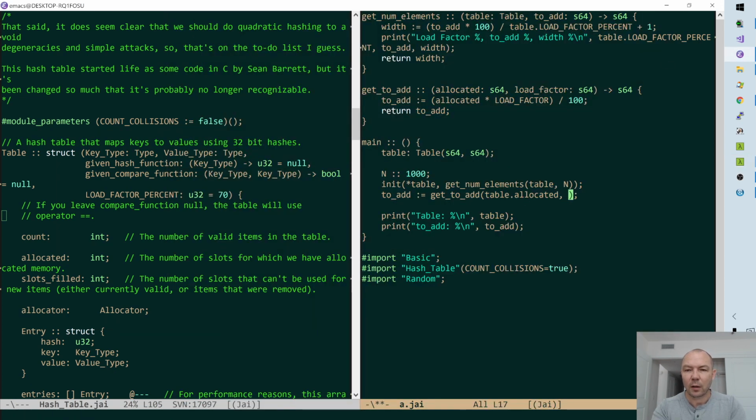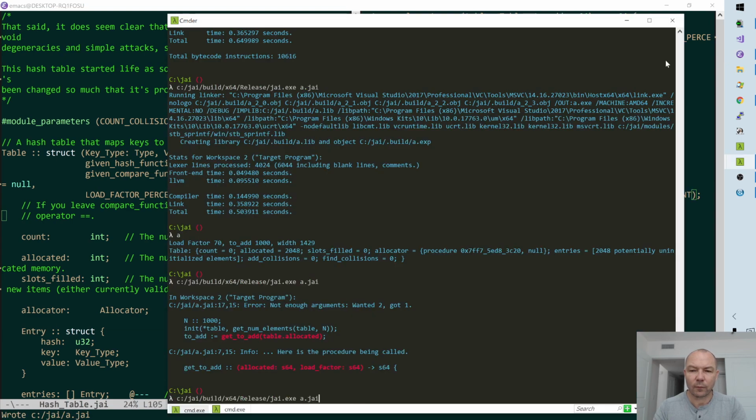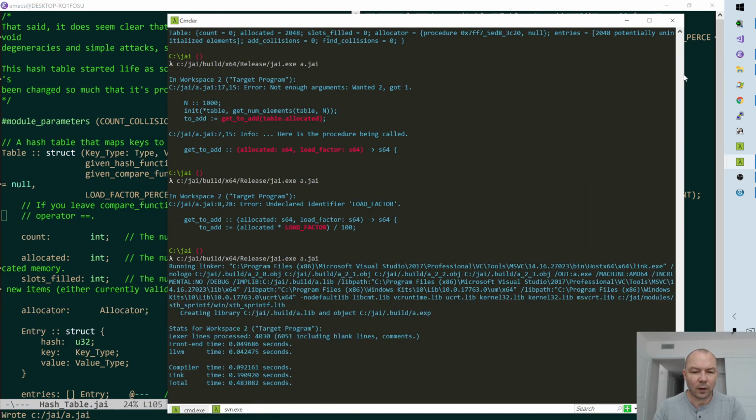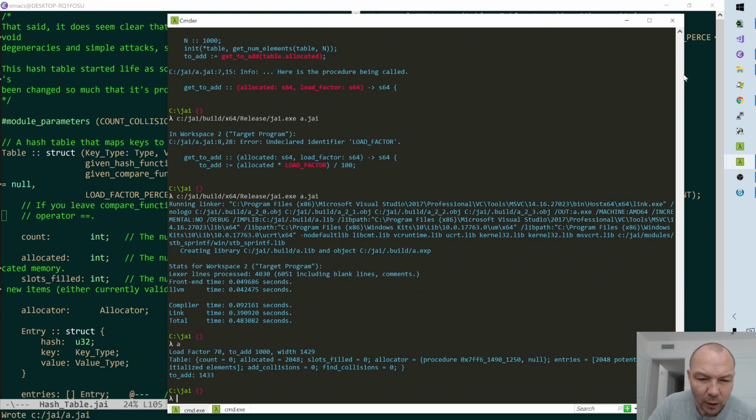Oh, yeah. Load factor percent. All right. Yes, this is not uppercase. All right. So we're going to add 1433 to it. That's great.